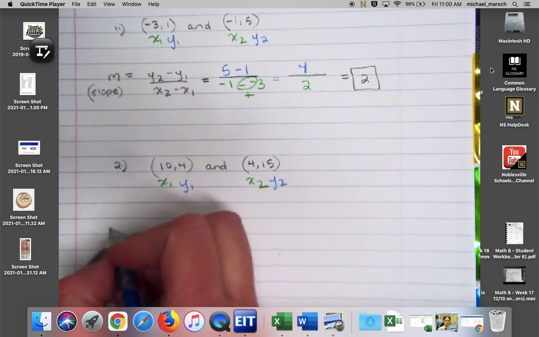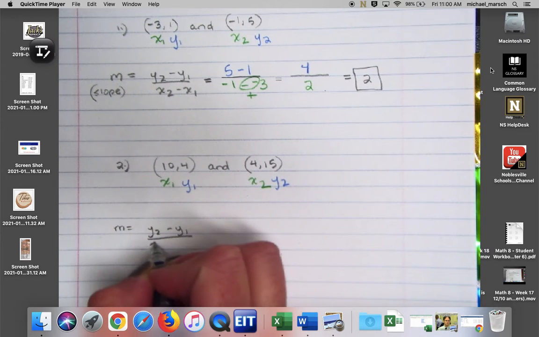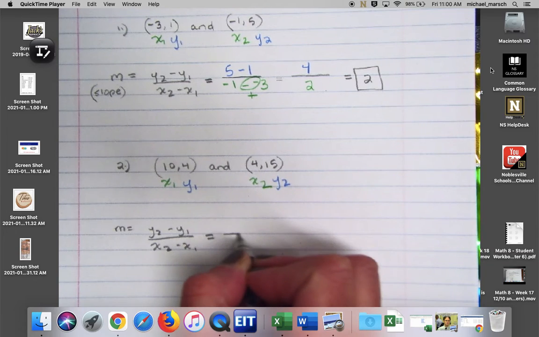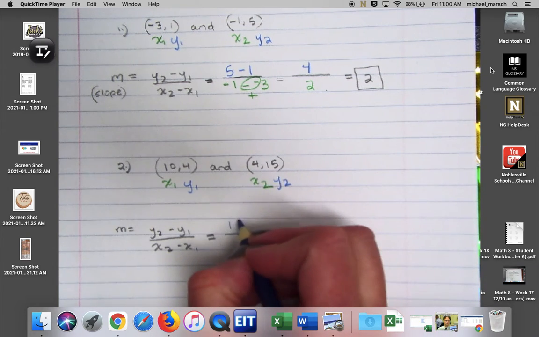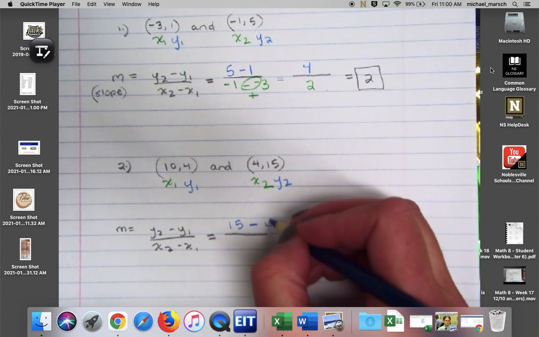And then I'm going to write out my slope formula again: y2 minus y1 over x2 minus x1. What is my y2 value? So I have 15 minus, what's my y1 value? 4.